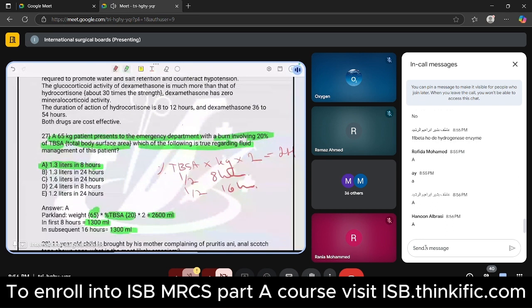Now, let me ask you a question. If you have someone presenting with burns: their entire right arm has a deep partial thickness burn.